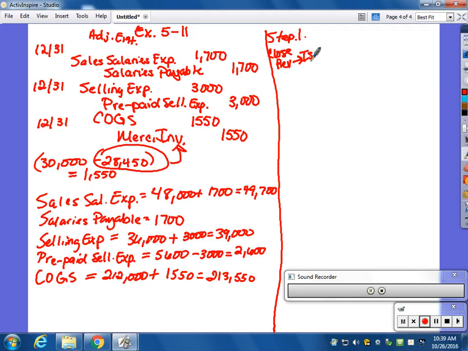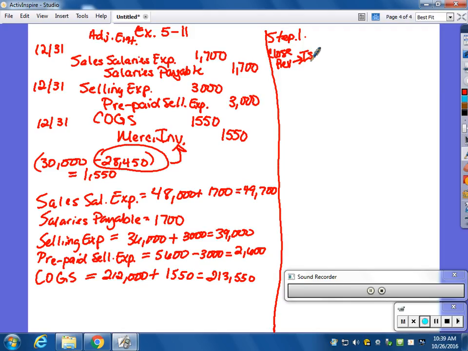Close revenue to income summary, then close expenses to income summary, then close income summary to capital, then close withdrawals to capital. It's just the closing process all over again.